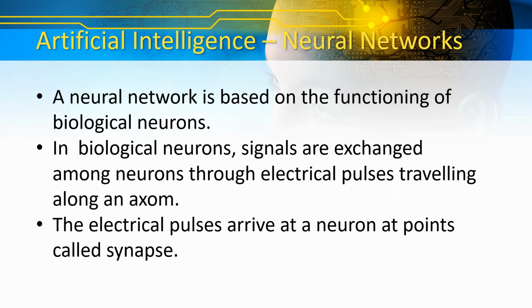Another aspect of artificial intelligence is neural networks. A neural network is based on the functioning of biological neurons. In biological neurons, signals are exchanged among neurons through electrical pulses traveling along an axon.